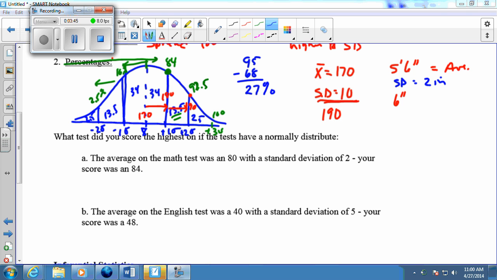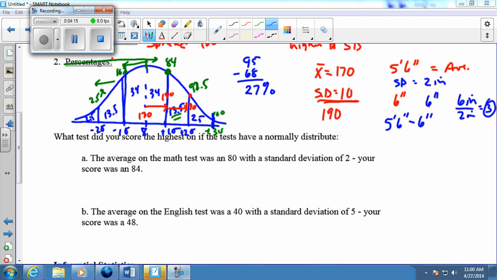Well, if you look at 5 feet 6 inches and you want to go to 6 foot, that's a total of 6 inches in difference. If I take 5 feet 6 inches and take off 6 foot, you need to remember that inches isn't out of 10, it's out of 12. So I have 6 inches, and we're going to divide that by the standard deviation. You would be, if you were 6 feet tall, 3 standard deviations above. You would land right here on that curve.